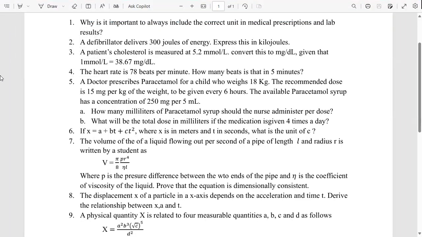And question 2 is saying a defibrillator delivers 300 joules of energy. Express this in kilojoules. So this is question 2.